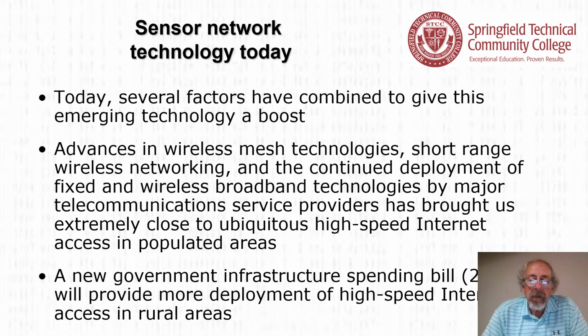So we talk about high-speed internet access in populated areas that may evolve to all over the place. A new government infrastructure spending bill will provide more deployment of high-speed internet access in rural areas. I was ad-libbing. I didn't realize I had that bullet down below.